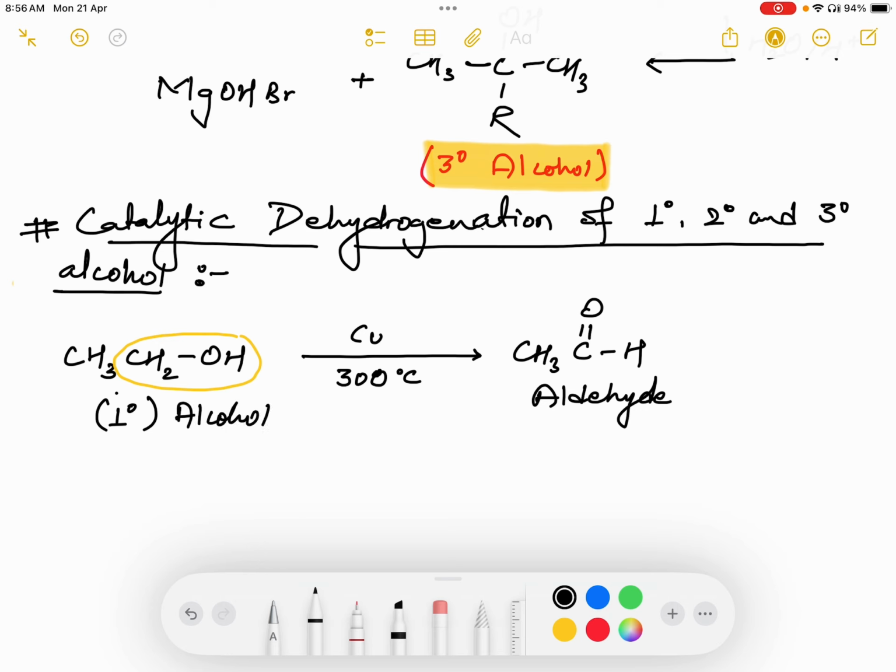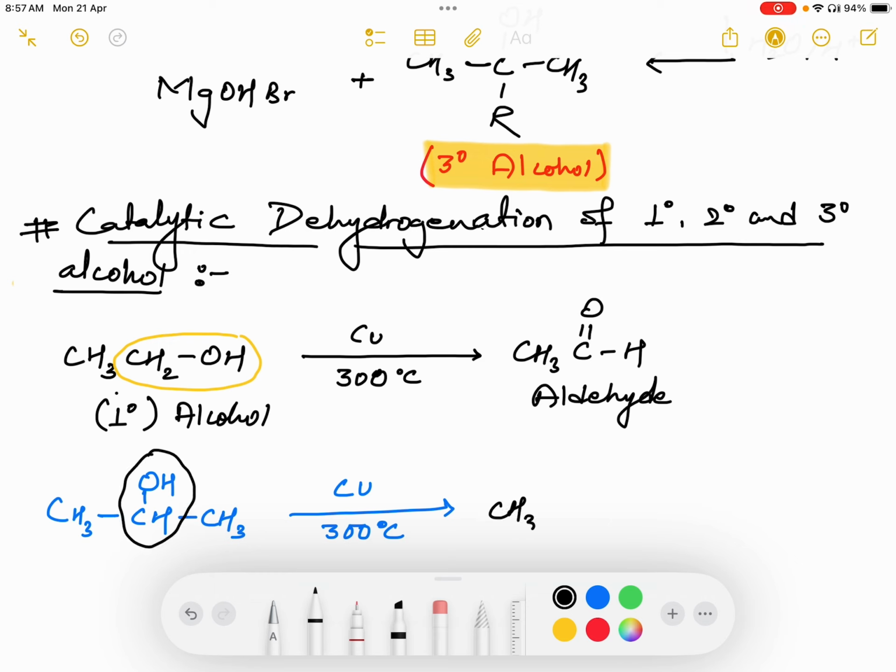Next, if you have 2-degree alcohol, that is CH3, CH, CH3, and if you have OH group being treated with copper at 300 degrees C, this group will transform into ketone.